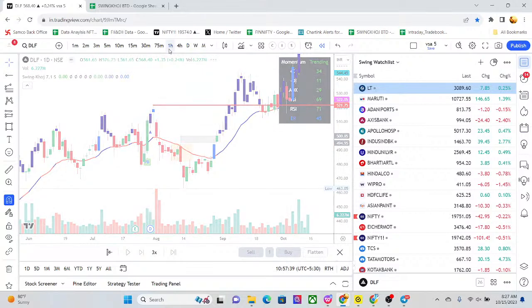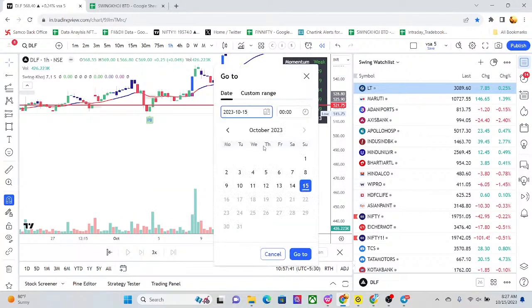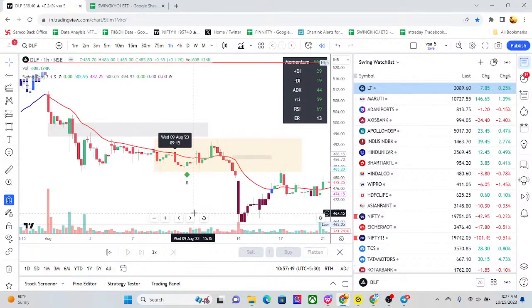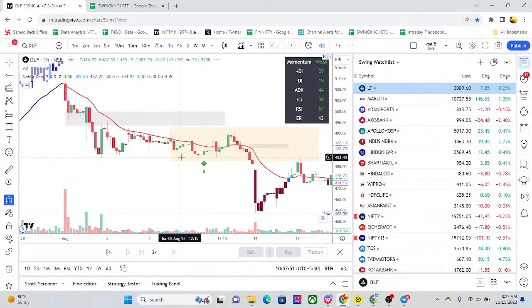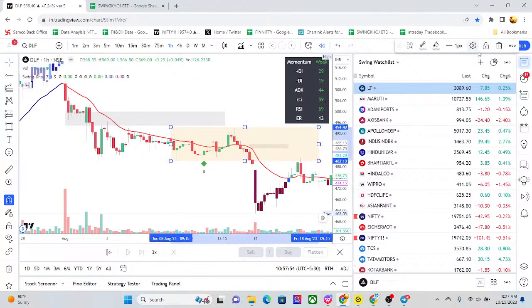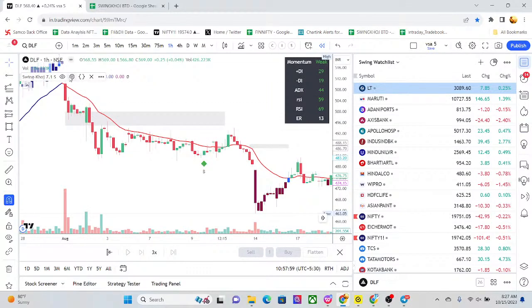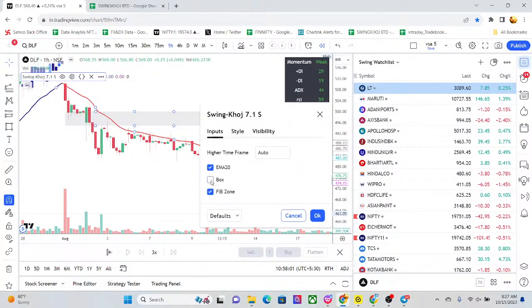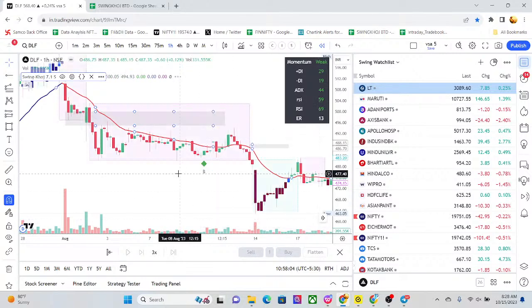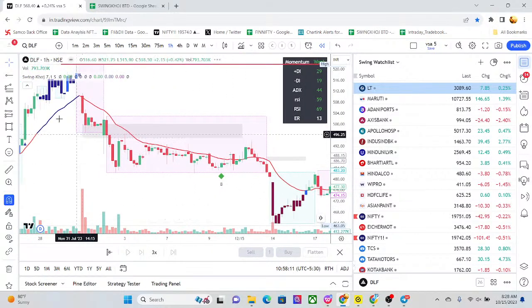We'll take the hourly time frame and go to August 9. So we'll put on the box now. Okay, so we have a box here, or you can even draw some trend line if you are good at it.